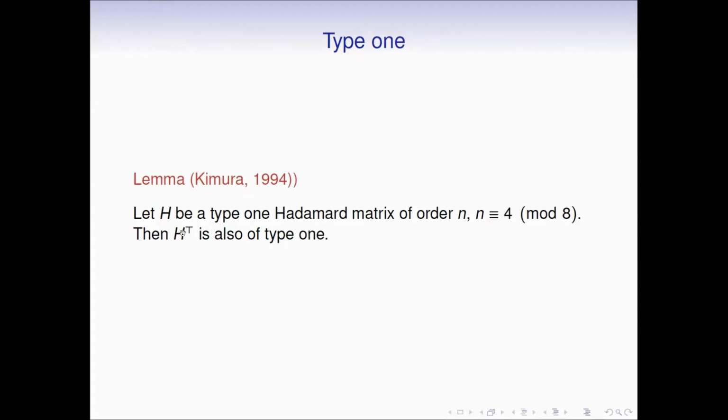And the lemma says that there are 4 rows in the transpose which are of type 1. And the point is that we know which rows are exactly type 1 in the transpose. We can find those 4 rows which are of type 1.